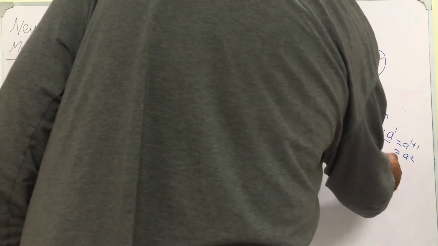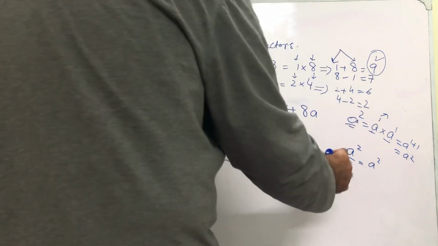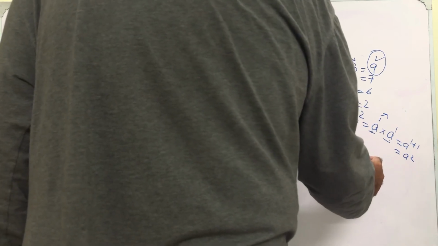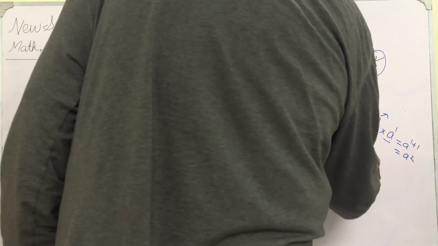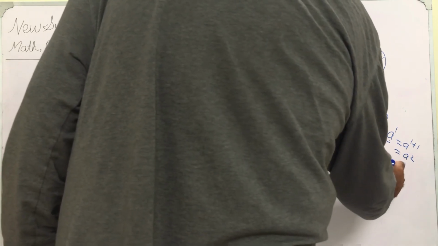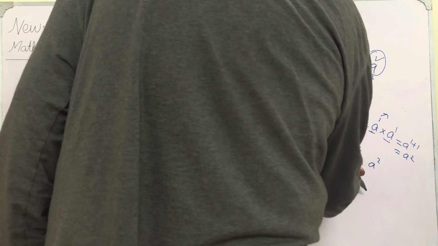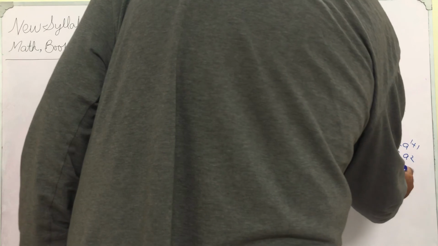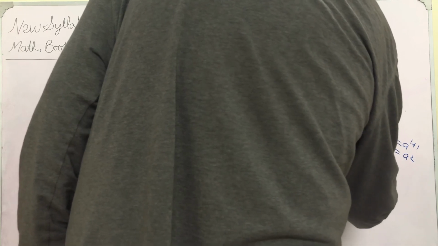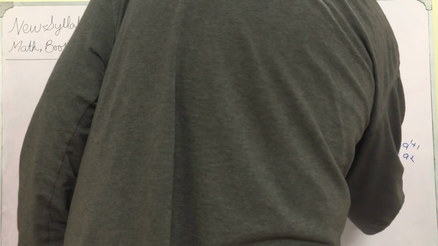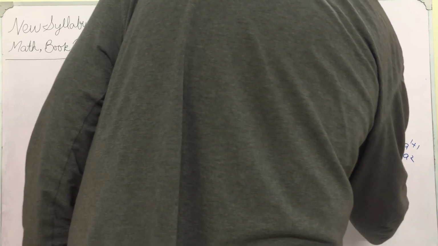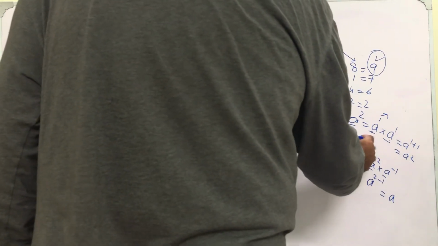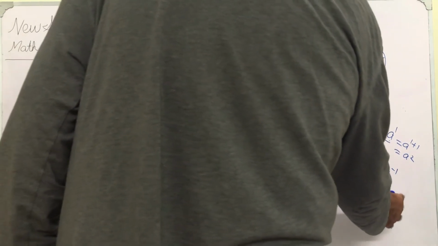It means a square, when you divide, it has power 1, then powers get subtracted, it becomes a to the power 2 minus 1. Or if we take it up and multiply, when it goes up it becomes minus 1. Again the bases are the same, so the powers add up, it becomes 2 minus 1. It is a, the answer. So when a square is divided by a, the answer is a.